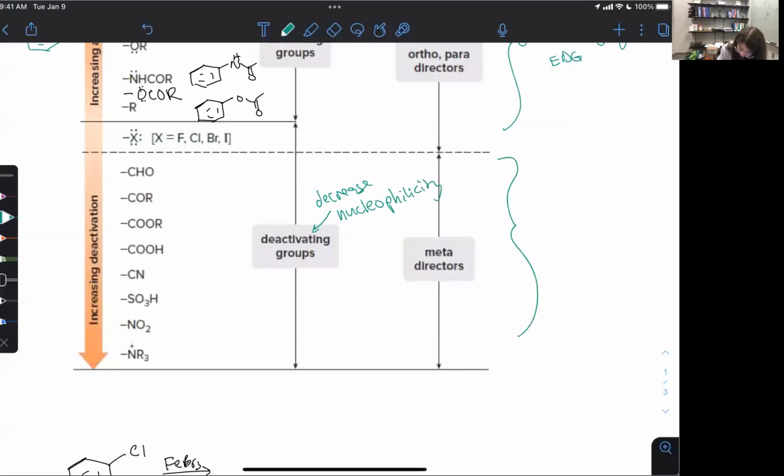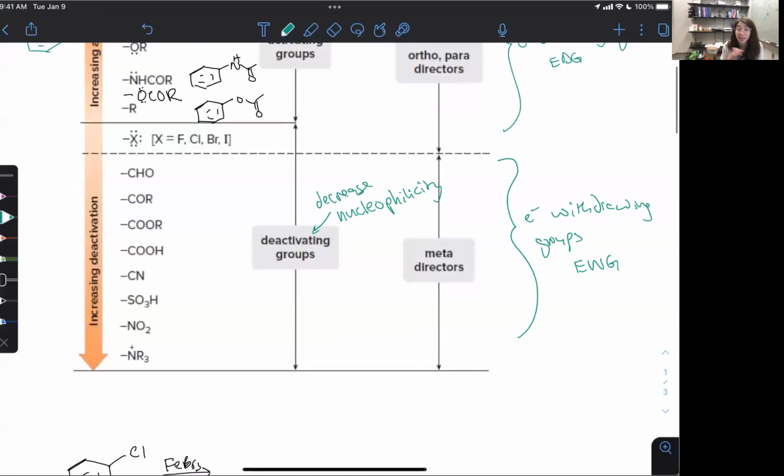This is going to be electron withdrawing groups, often called EWG. Anything that could take electron density out is going to fall into that deactivating category.